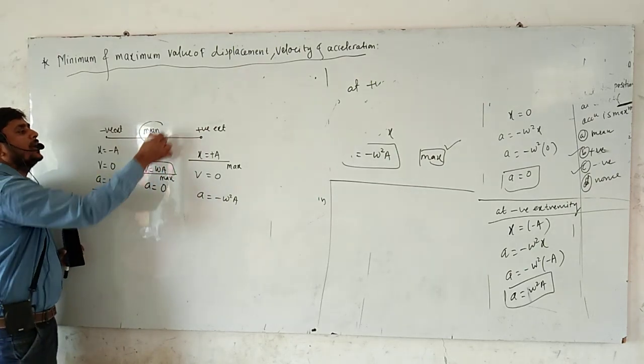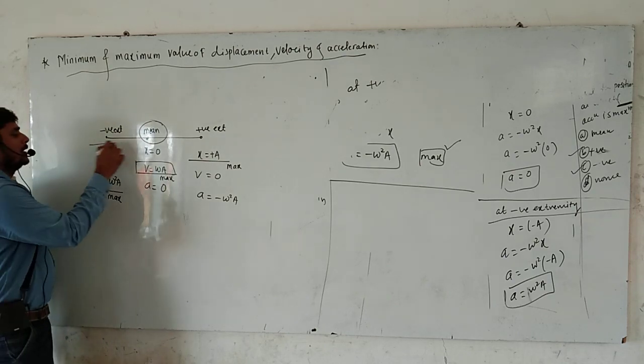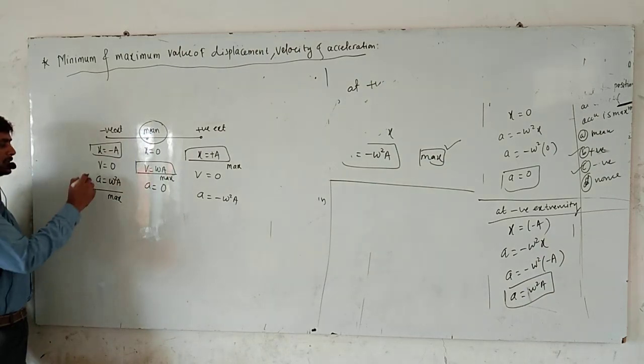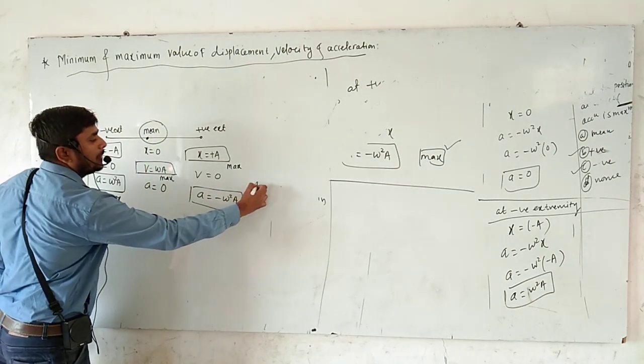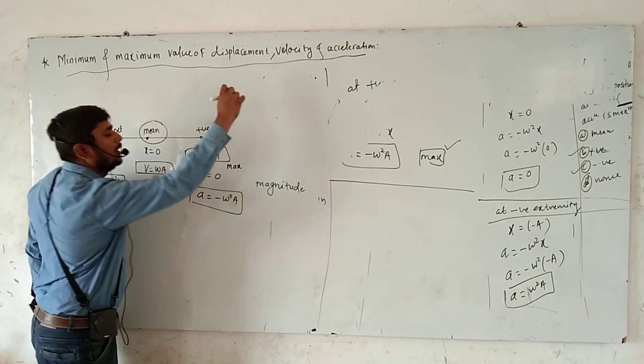It will be maximum only at the mean position. But if we take the magnitude of the displacement, this will also be maximum, and in the case of acceleration, this will also be a maximum value, if we consider the word magnitude.